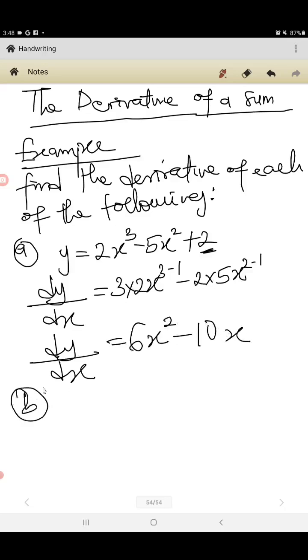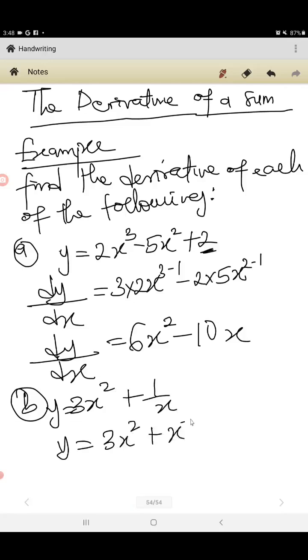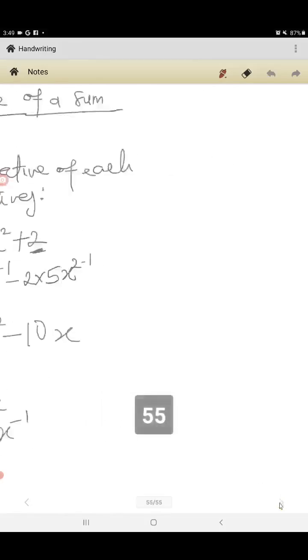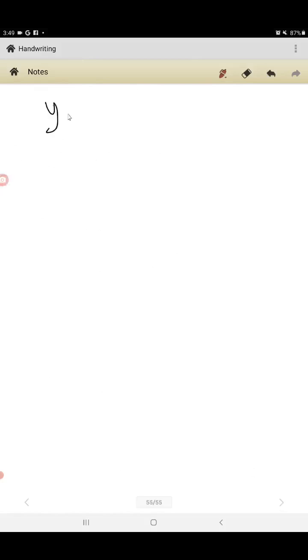Let's also have another example: y is equal to 3x squared plus 1 over x. What you do is apply the laws of indices, plus x raised to power minus 1, so you make everything linear and reduce the fraction part. So y is equal to 3x squared plus x raised to power minus 1.